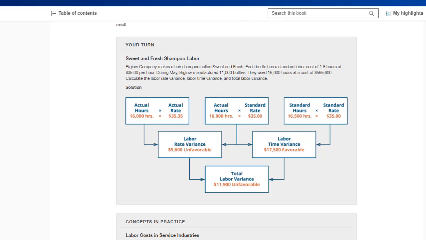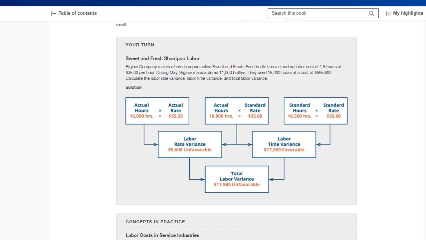I would initially say, before getting into the details of this problem: if I originally expected to use 16,500 hours, and if I originally expected to pay $35 an hour, then my original budget expectation, my standard, would have been set at 16,500 hours times $35 per hour.